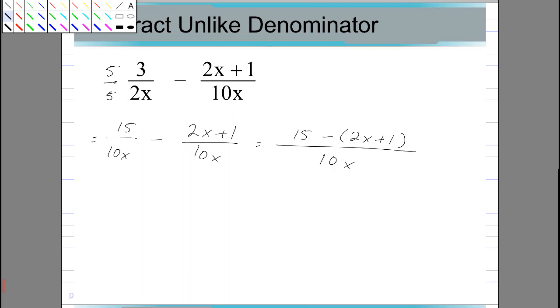over 10x. Okay, that leaves us with a negative 2x plus 14 over 10x. Okay, there's one problem here. That numerator simplifies. So I'm going to factor out a negative 2.